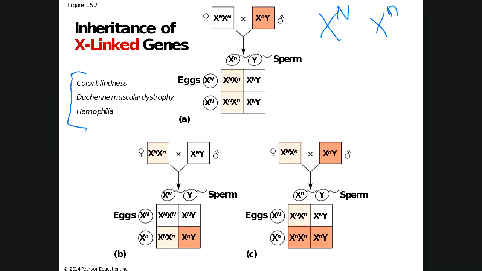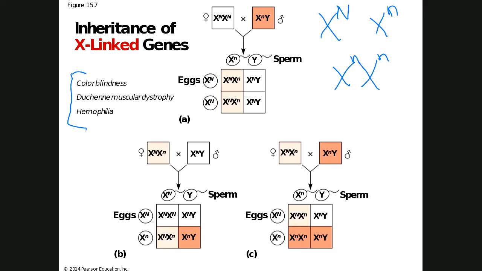What I mean by that is you're not going to have that unless you're homozygous recessive. So the only way that a female could be colorblind is if she has two recessive alleles. Makes sense.